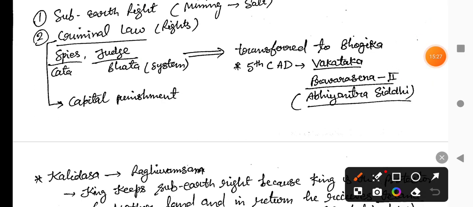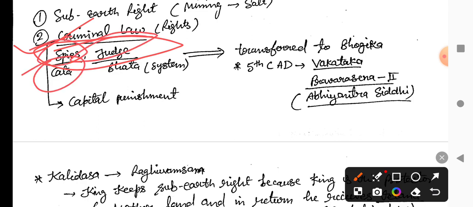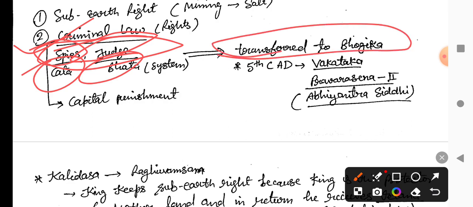Here we will see the two criminal law systems prevalent at that time, that means spies as well as judge officials were covered under criminal law. Spies were known as chat and judges known as bhat. So the chat-bhat system was prevalent at that time and transferred to the bhogik, who controlled these spies and judges and criminal law.